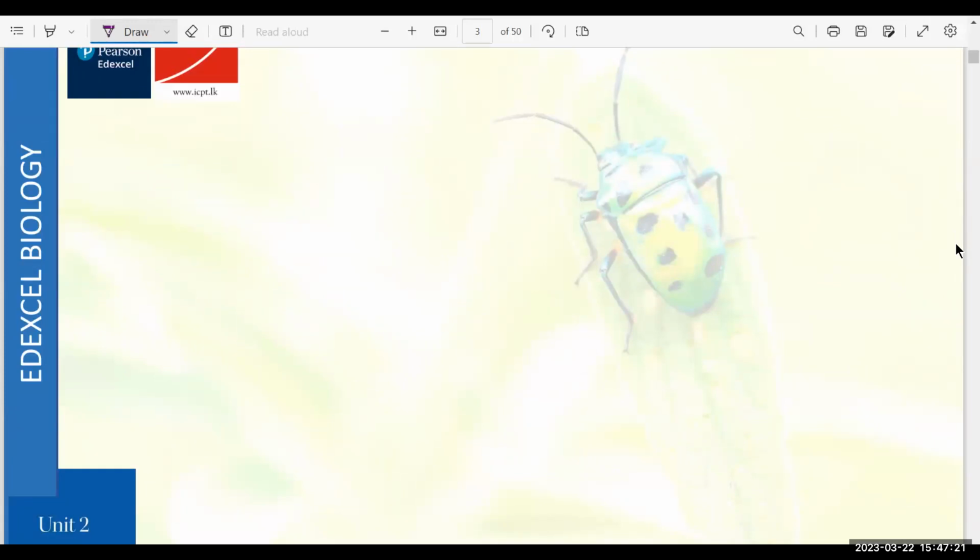It's page 35. Can you find a lesson called stem cell in 3C? Stem cells. Yes. Do you find stem cell? Yes. Okay.